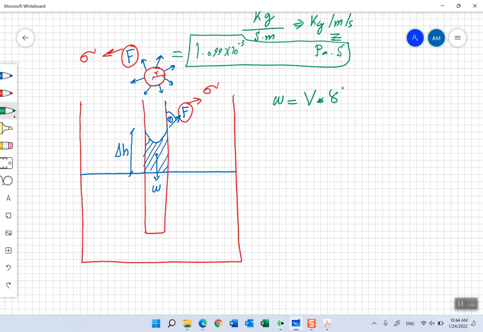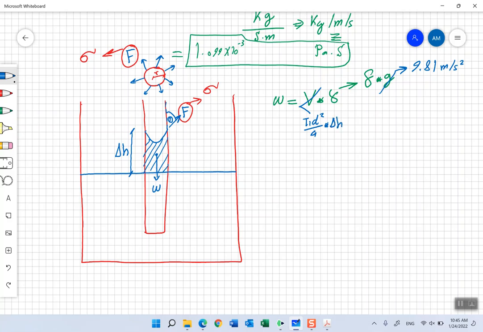And how can we get the unit weight of the water? It's easily rho multiplied by the gravitational acceleration g, and we know that this g is 9.81 meters per second squared. The volume of this cylinder is pi d squared divided by 4 multiplied by delta H. There's nothing new here.